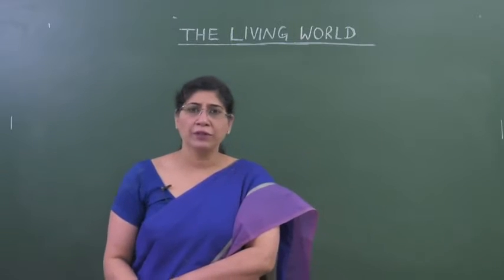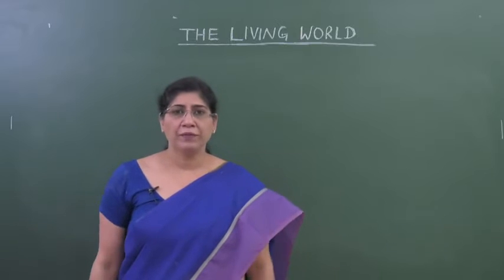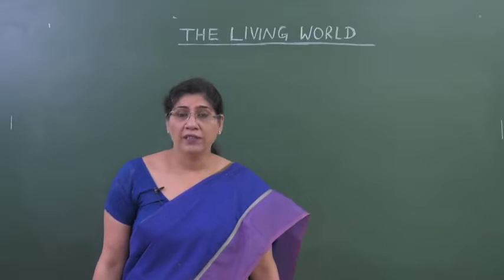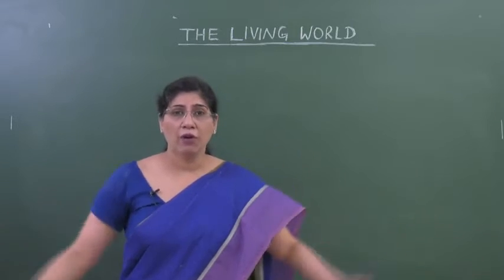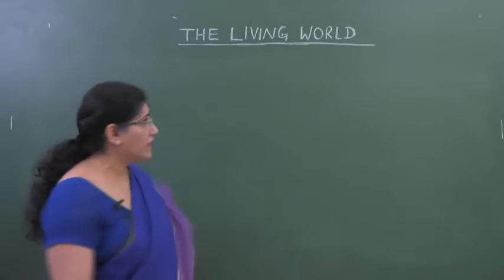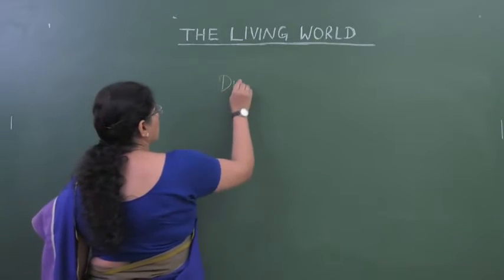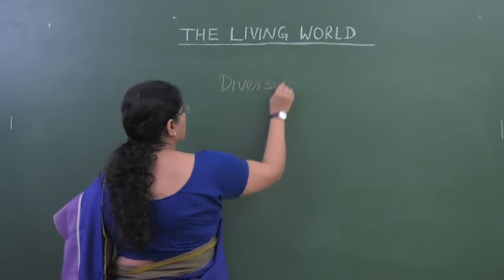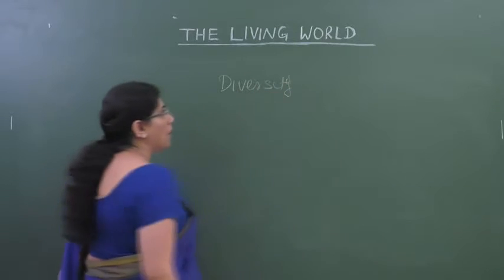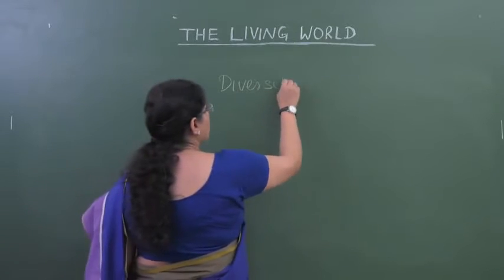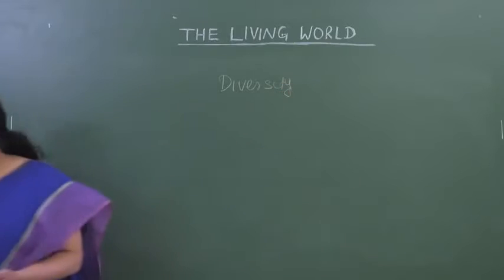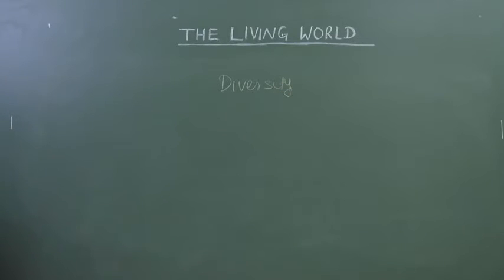So let's come to the second part of the chapter. We have understood what is living. I want to now understand how many living organisms there are. So I am looking at diversity. If there are any other doubts or questions, we can go ahead, otherwise.